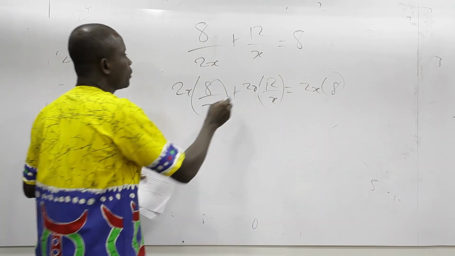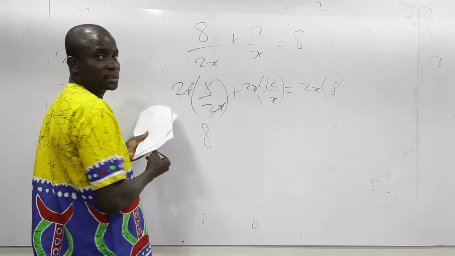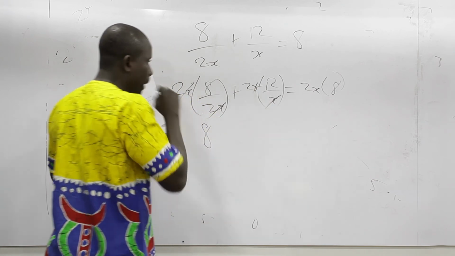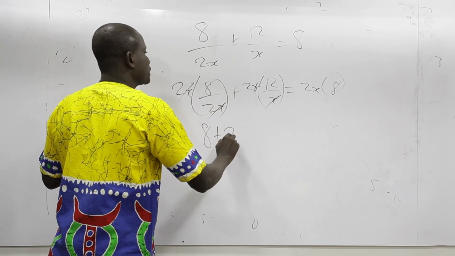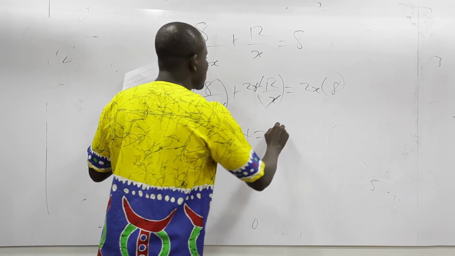This is what we are having now. So 2x cancels 2x, here becomes 8. Then here, x cancels this. So plus 24 is equal to 16x.